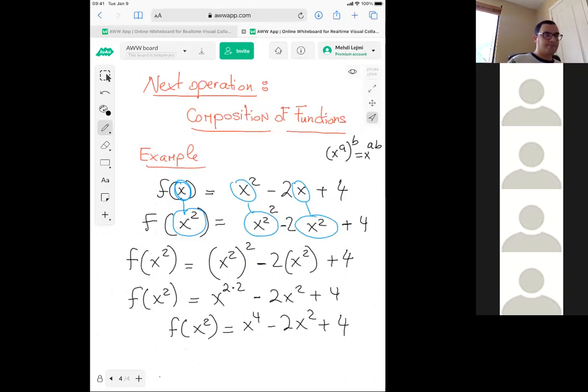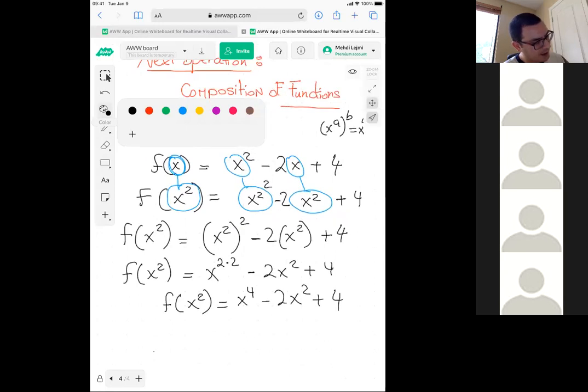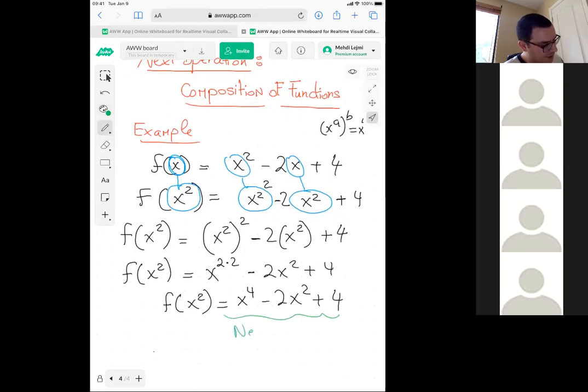All right. So anyway, the idea is you obtain a new function. This is a new function, different from my f of x. This new function is called the composition of f.